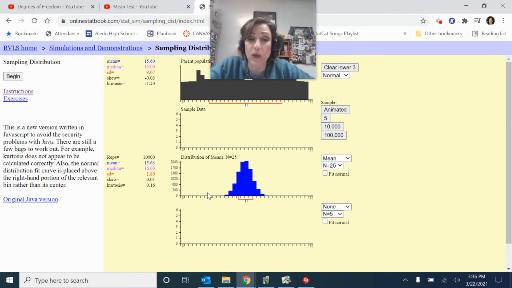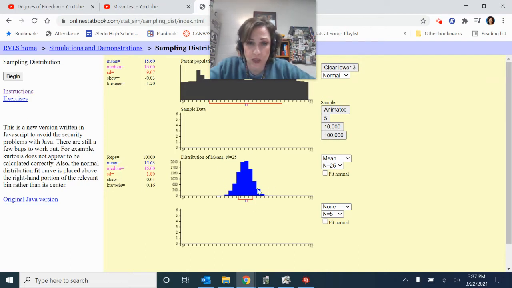Now in this applet, we do have the population standard deviation. So we were able to say, okay, this is our normal model, and we can use z-scores and such, but not really in the real world if you only have the standard deviation of the sample.